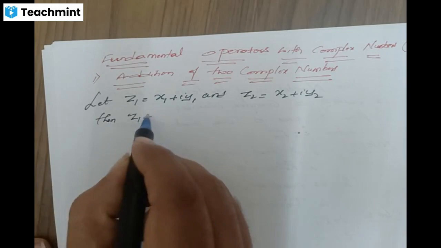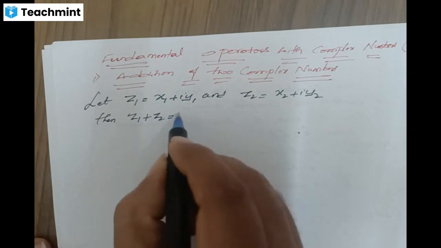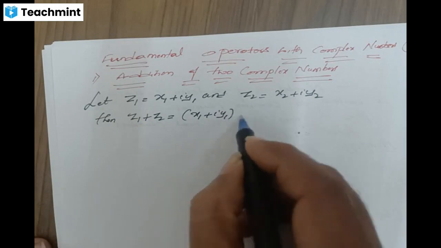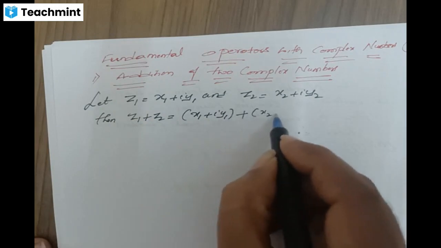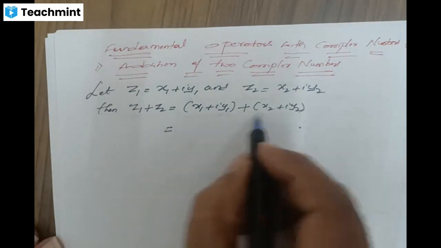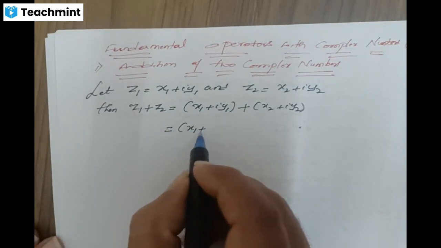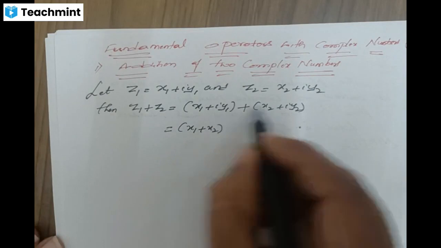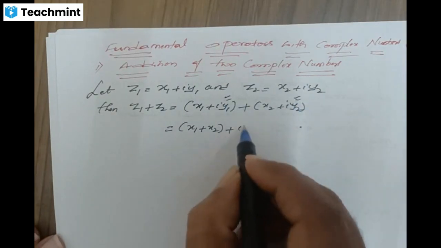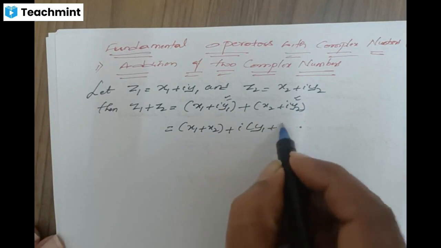Then what does addition mean? z1 plus z2: z1 is x1 plus i y1, plus z2 is x2 plus i into y2. So I will club the real part, that is x1 plus x2, and in the imaginary part, i y1 plus i y2, I can take i common, then it is i into y1 plus y2.